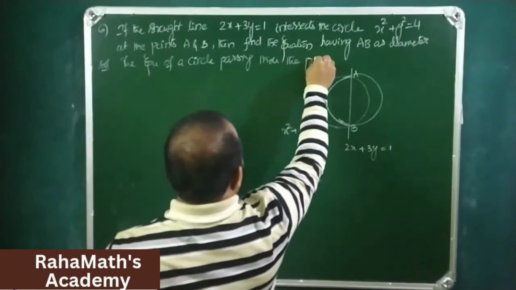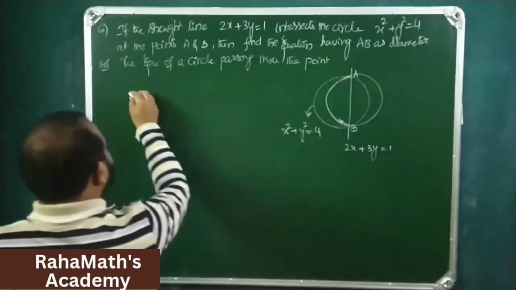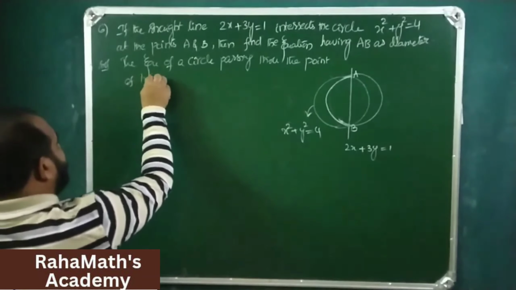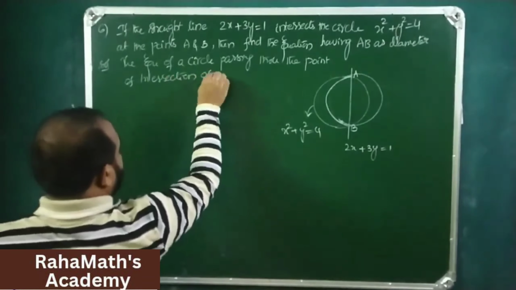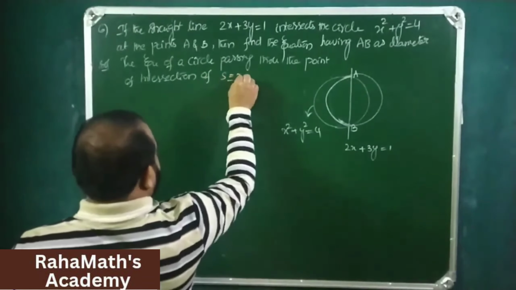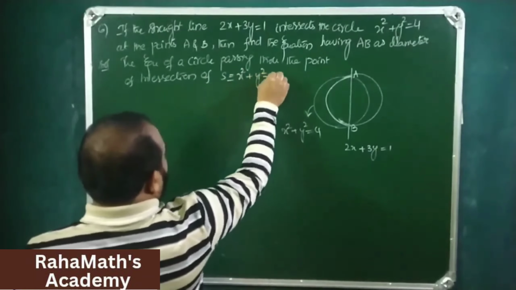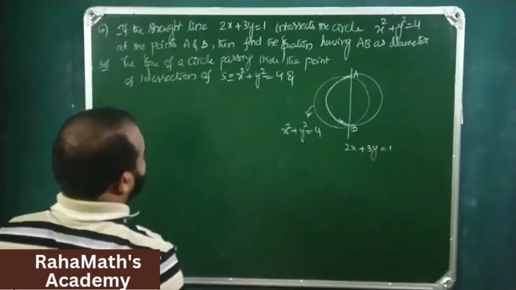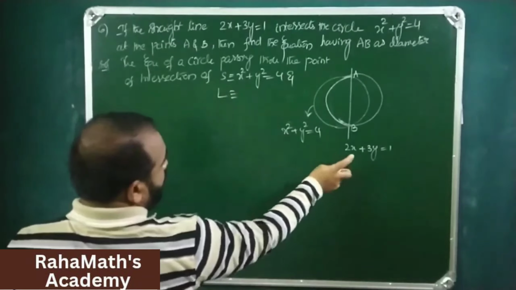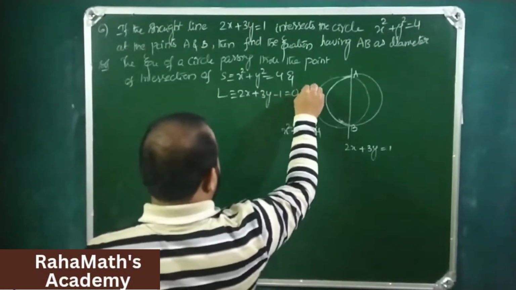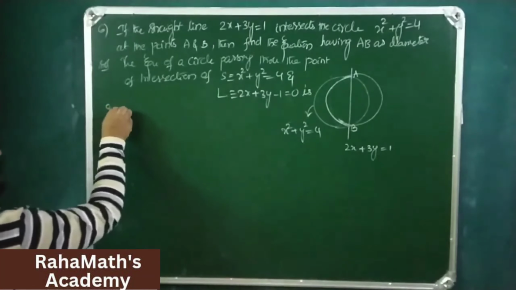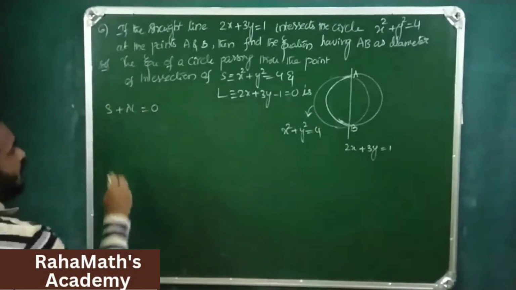So the equation of a circle passing through the point of intersection of S: x square plus y square equals 4 and L: 2x plus 3y minus 1 equals 0 is S plus lambda L equals 0.